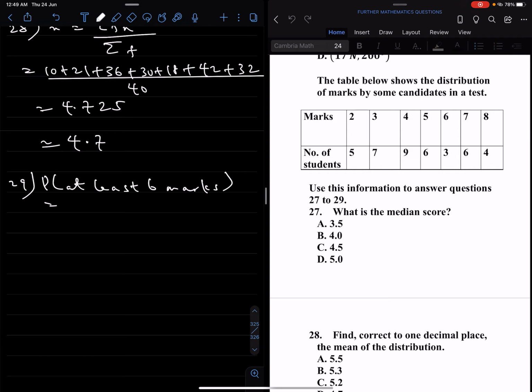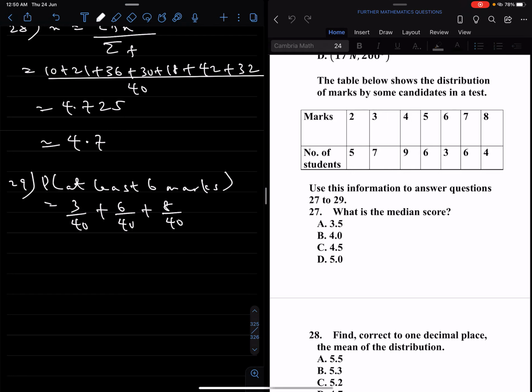That's the number of students who scored 6, 7, and 8. 3 students scored 6, so that's 3 over 40, plus 6 students scored 7, so 6 over 40, plus 4 students scored 8 over 40.